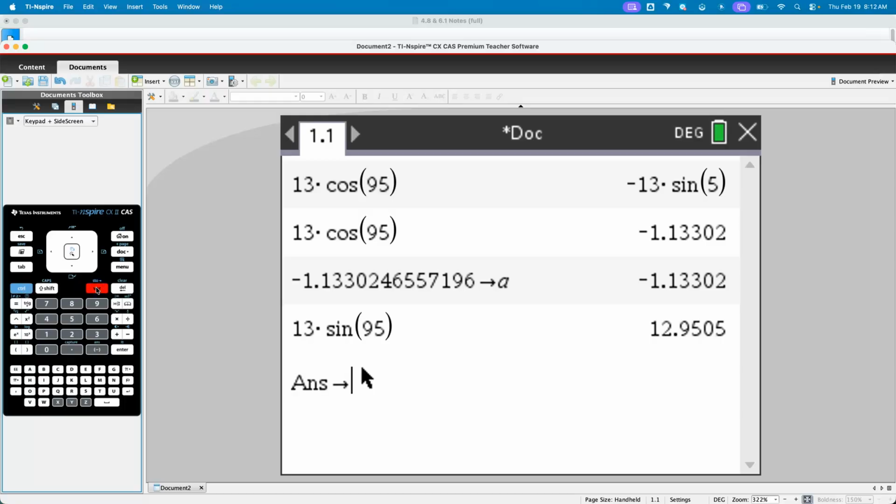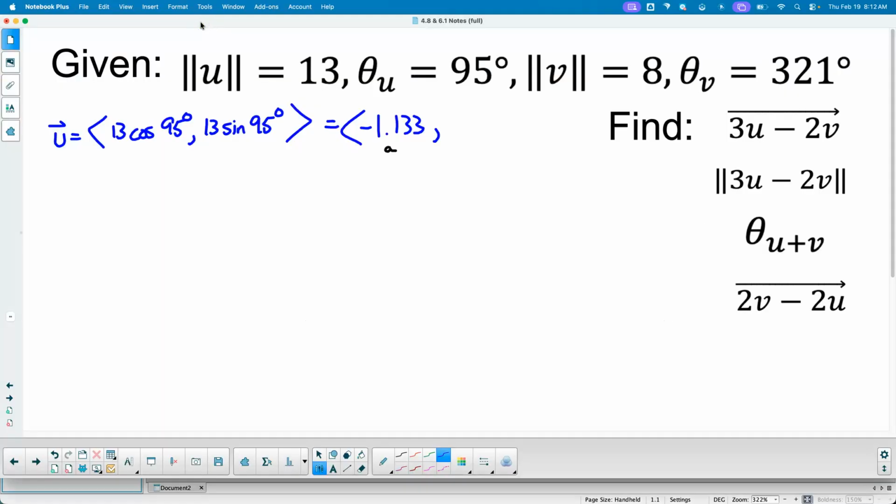Now I've only got 25 choices because I've used A, so I'm going to go with B. 12.951, and I went with B for that one. With me so far?